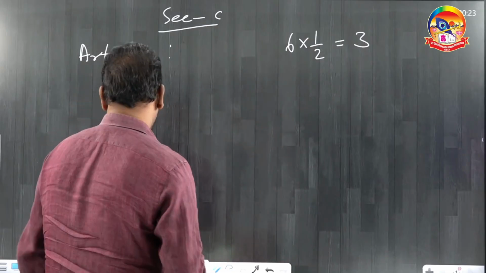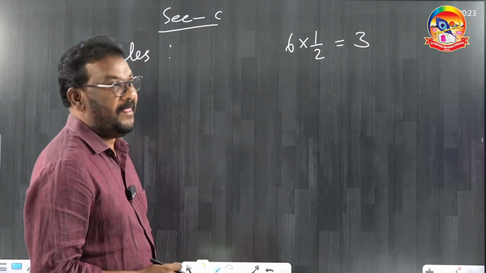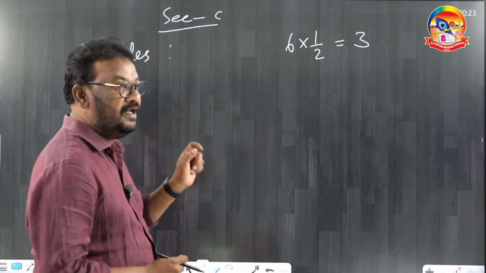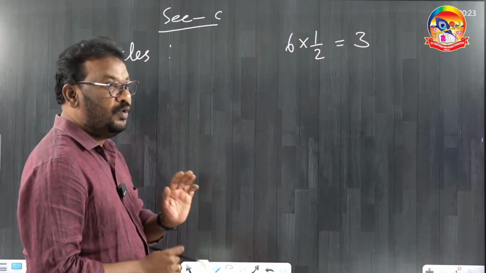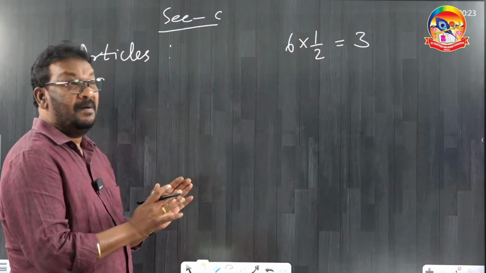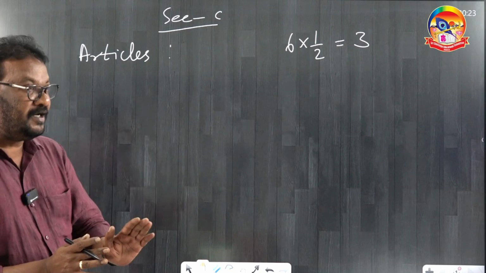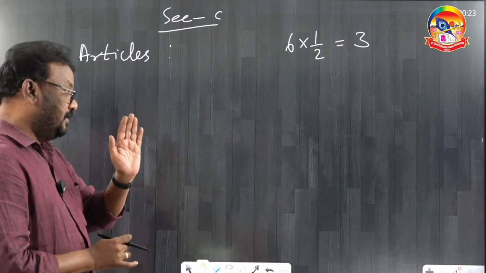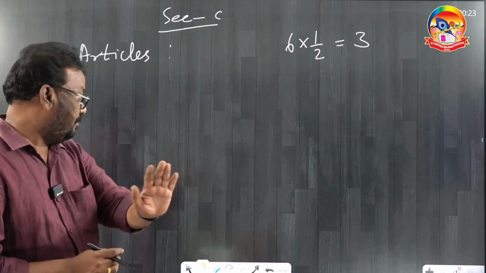Some of the students, especially dull students, face some problem. How do we decide the article before any word? Not based on the letter it begins with, but the sound that particular letter makes.